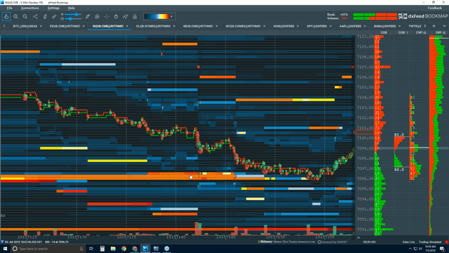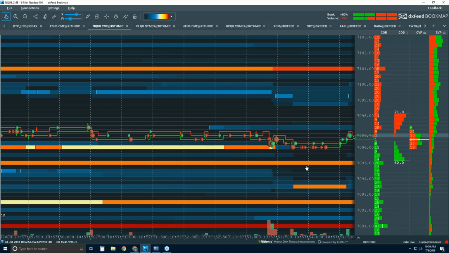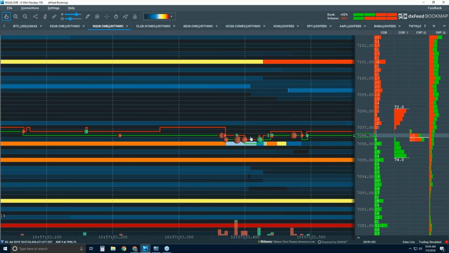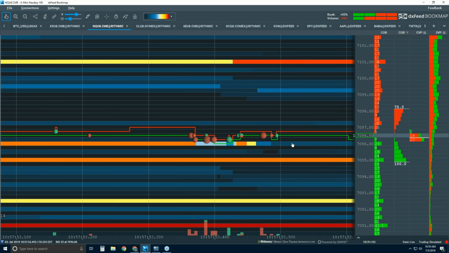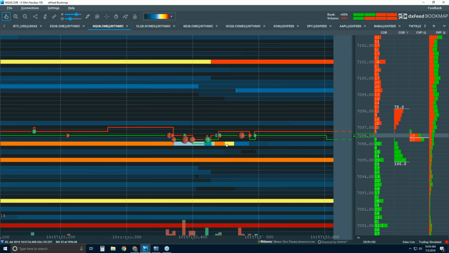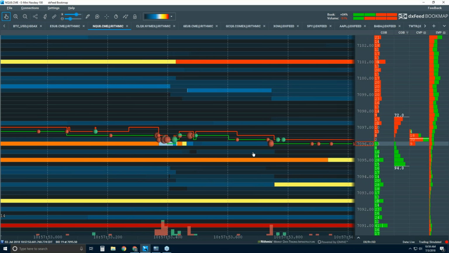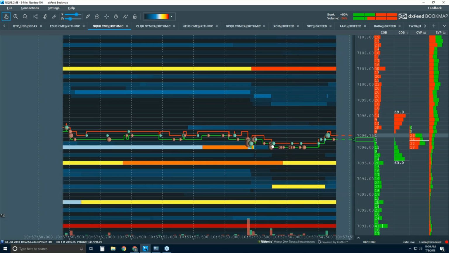And we can do that because we've got this heat map here that shows us the activity. Then look at this area here. Not one contract traded here. So they're providing liquidity here with 30 contracts, and the best bid goes into it, but they don't even trade. Not until here does it trade.